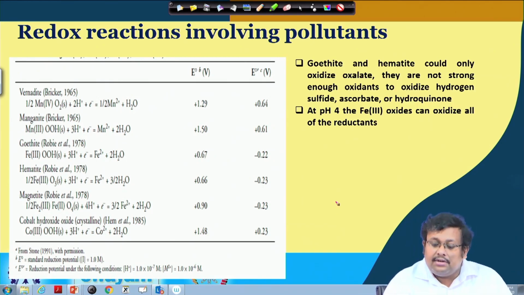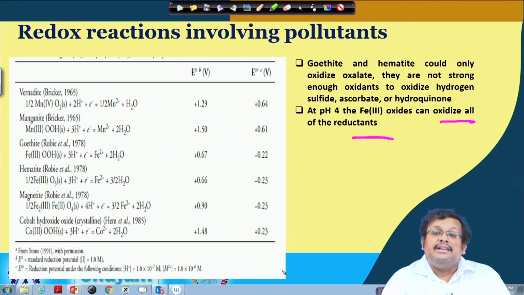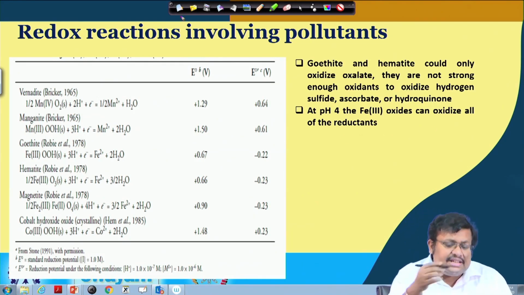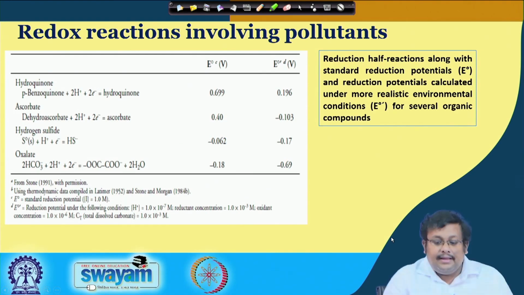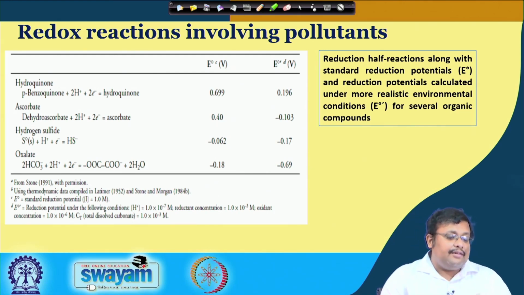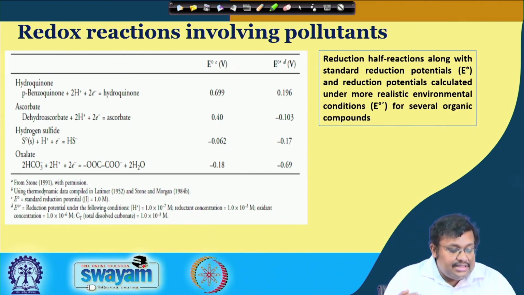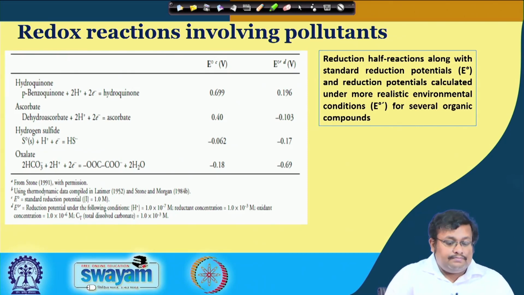However, at pH 4 the Fe3 plus oxide can oxidize all the reductants. So, this information we can gather from this table. You can also see the reduction half reactions along with several organic compounds like hydroquinone, ascorbate, hydrogen sulfide, and oxalate.